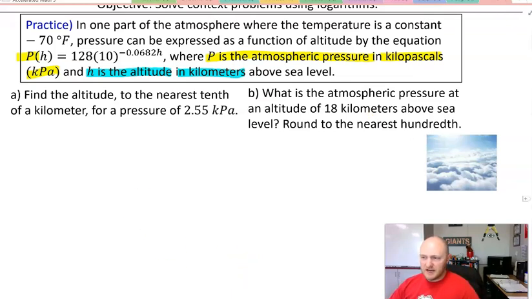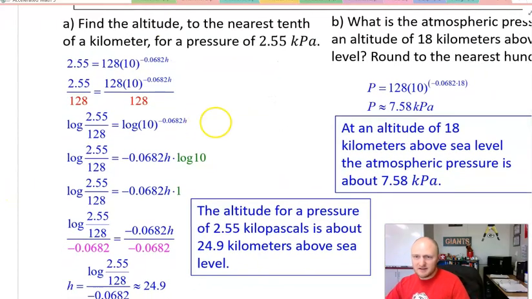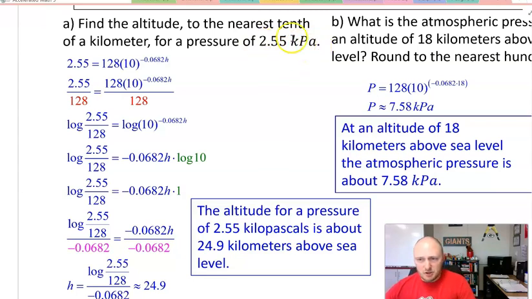All right, hopefully you went ahead and tried this. Here is the solution to part A. They say find the altitude to the nearest tenth of a kilometer for a pressure of 2.55 kilopascals. So 2.55, that's your output. You're trying to solve for H, which is your altitude. So divide by 128. Take a logarithm of each side.